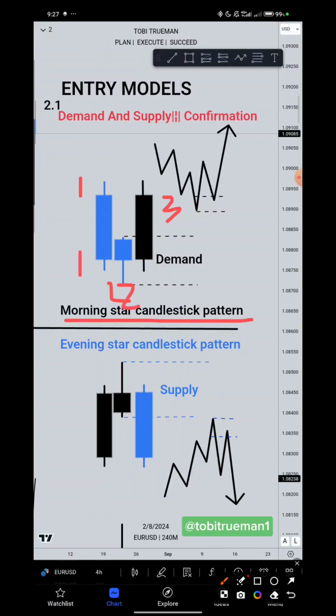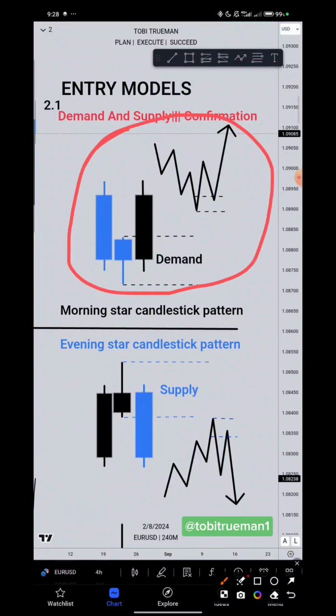The second candlestick, the wick is usually longer than the first candlestick downward. Then the third candlestick, the wick is above the second candlestick, while the body of the third candlestick will close above the high point of candlestick number 2. So this is our morning star candlestick pattern.